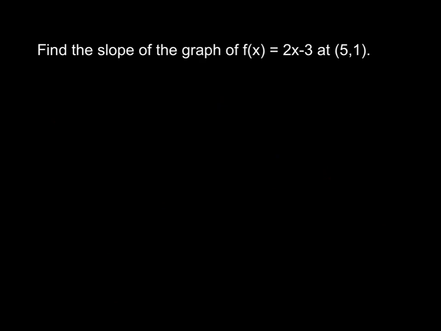So here's an example problem. We want to find the slope of the graph of f at a given point. So we know that when we're being asked for the slope of a graph, they really mean the slope of the line tangent to the graph at that point. And the way we find that is with the limit of our difference quotient.